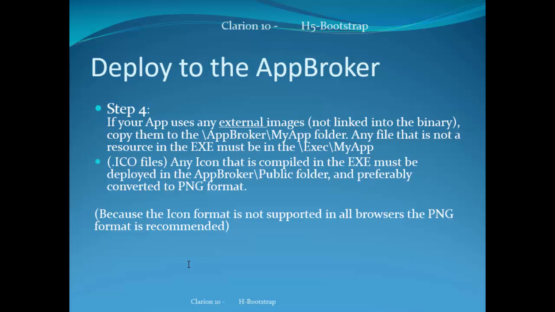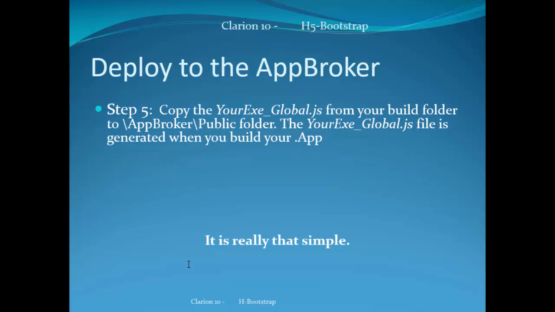We have a program that will automatically do that; it simply converts the existing ICO to a PNG. That's a good way to get away from ICO files for your web app, because not all browsers support them. Our final step is to copy the global JS file that's generated by the templates into the public folder underneath App Broker. And that's really it. It's that simple.